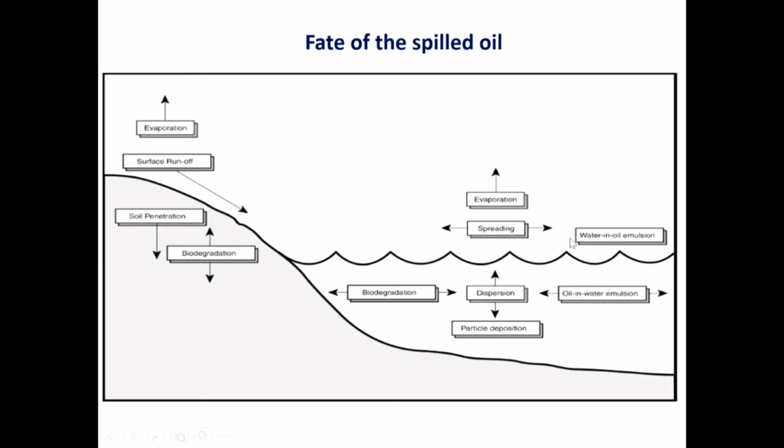Then oil-in-water emulsification takes place when it goes inside the water body, and dispersion takes place, then biodegradation, and finally tar balls get deposited at the bottom. This process affects the flora and fauna of the coastal ecosystem.